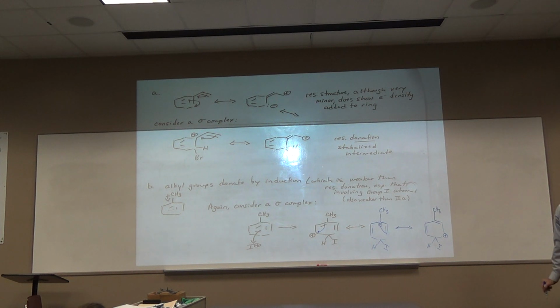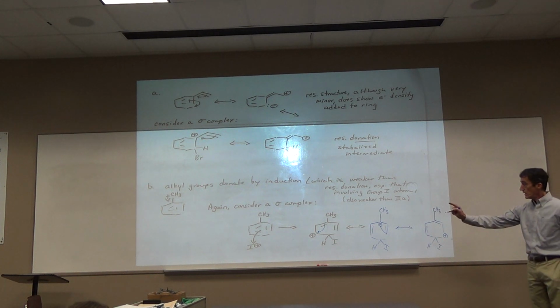Which one can we point to illustrate the inductive donation of the methyl group? Jamari? Is it along the carbocation showing the resonance to the methyl group? I didn't hear. Is it along the carbocation showing the arrow to the carbocation on the methyl group at the top?